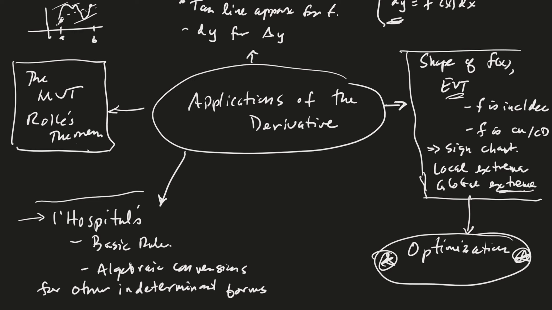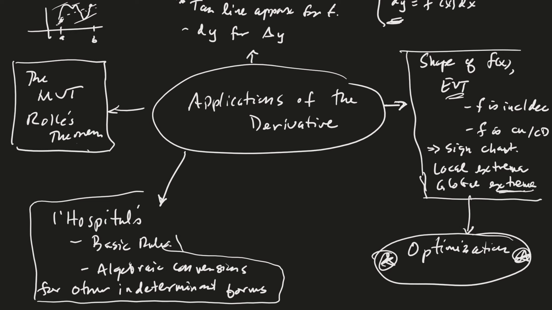Well, if you have something like 0 times infinity, that's an indeterminate form because we don't know if a limit would exist for that or not. It's possible that it does. Another one would be 0 to the infinity power. That's another one that you can't figure out in advance.